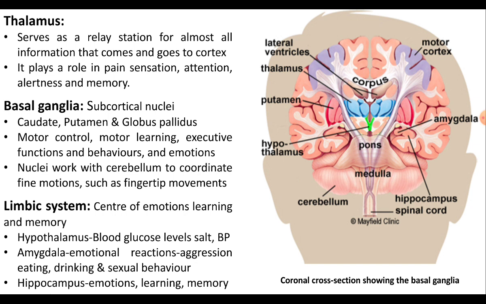When you see this picture, around the thalamus, you also find the regions of the basal ganglia as well as the limbic system.